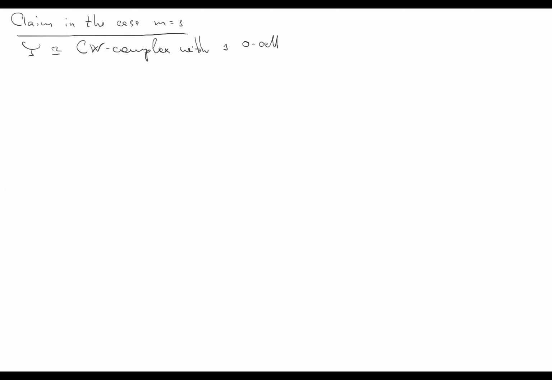Claim, in the case m equal to 1: we know that Y is homotopy equivalent to a CW complex with one 0-cell.